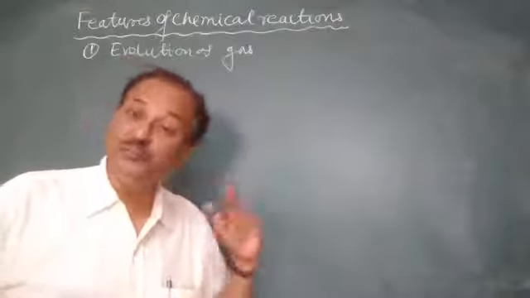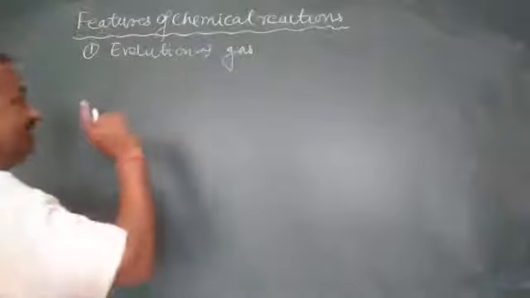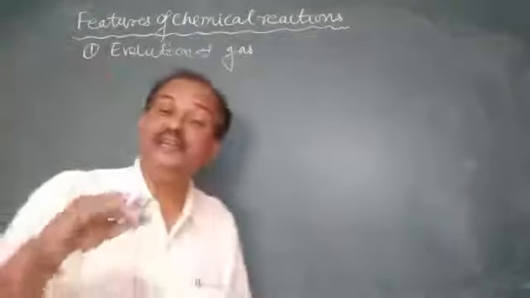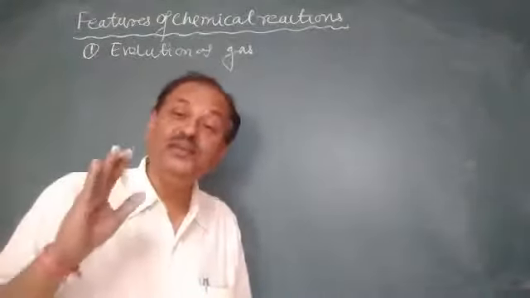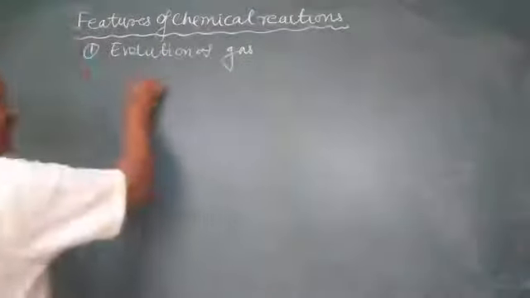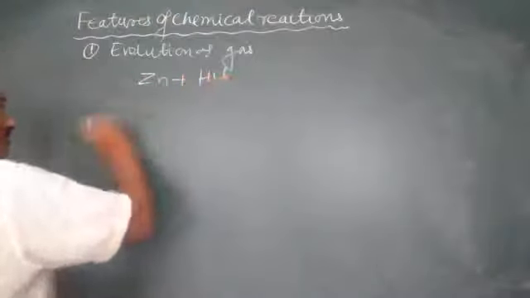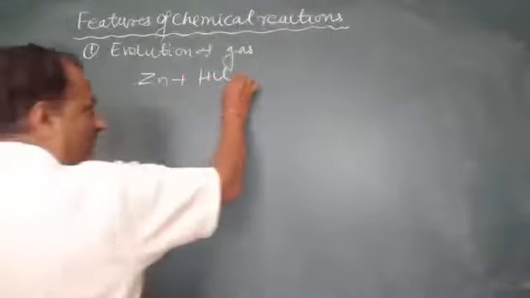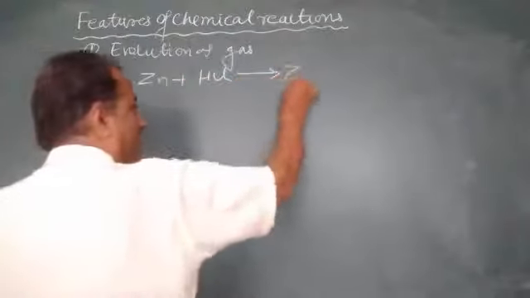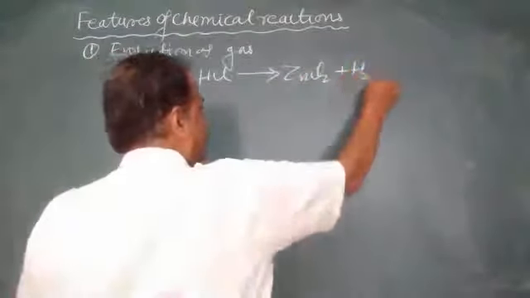Not always, but in most cases, there is the production of gases. So if there is any liberation of gas in a change, it means there is a chemical change. For example, here I am taking zinc metal and hydrochloric acid, and there is formation of zinc chloride and hydrogen gas.